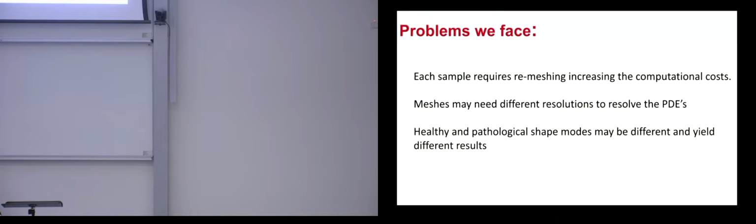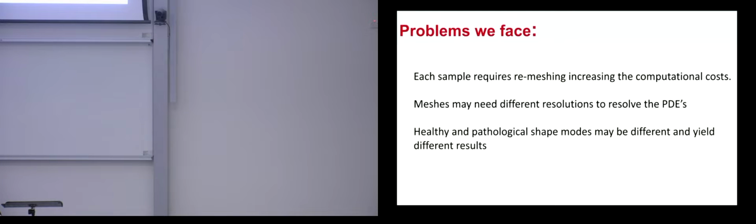And so, again, I wanted to highlight some of the problems we have, and I'm very happy for people who are doing PhDs to think, that's an interesting problem. We have to remesh every time. Because some of the modes are very different, we end up with very different shapes, so we remesh. So part of the sensitivity is the shape, part of the sensitivity is the remeshing process.